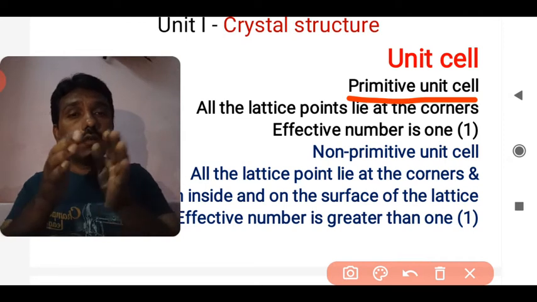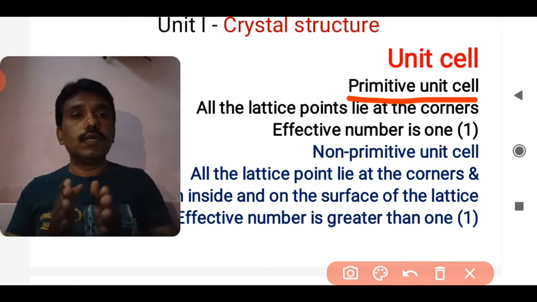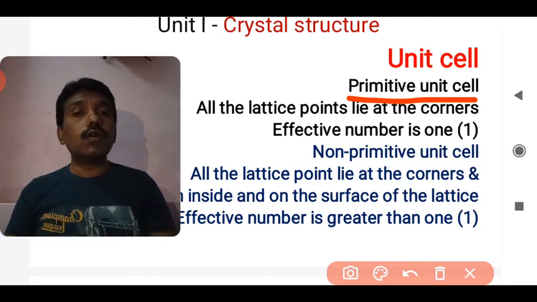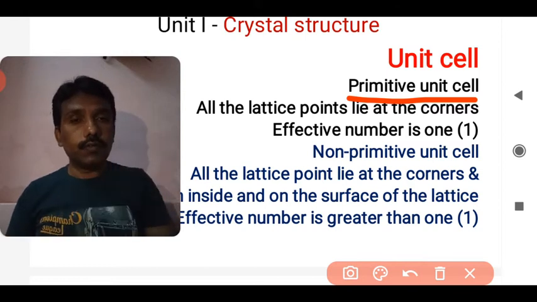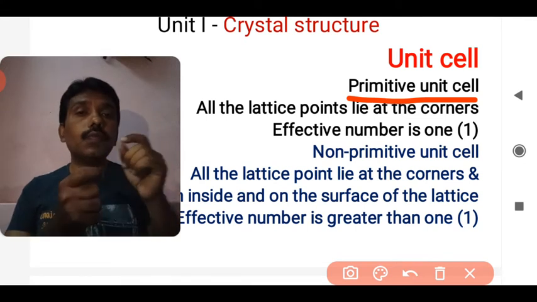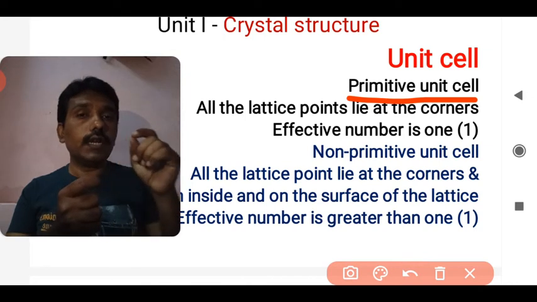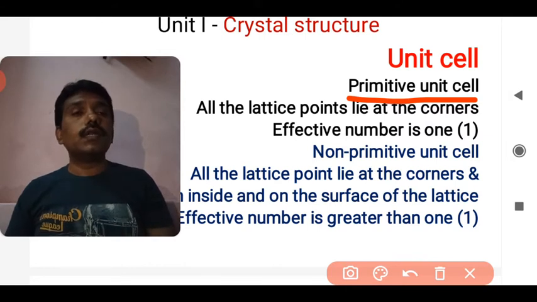In this case also, we are discussing the two-dimensional case first: if all the lattice points are exactly on the corners of the parallelogram, then we can say such a unit cell is a primitive unit cell.